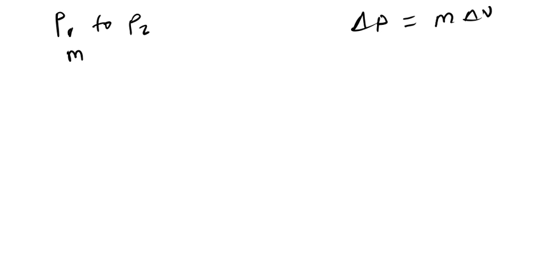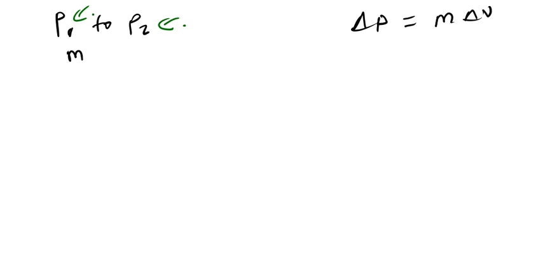The change in velocity that I'm talking about here means we have got velocity 1 and velocity 2. Velocity 2 is the final velocity, velocity 1 is the initial velocity. Velocity 2 is going to be for P2, and velocity 1 is going to be for P1. As simple as that.